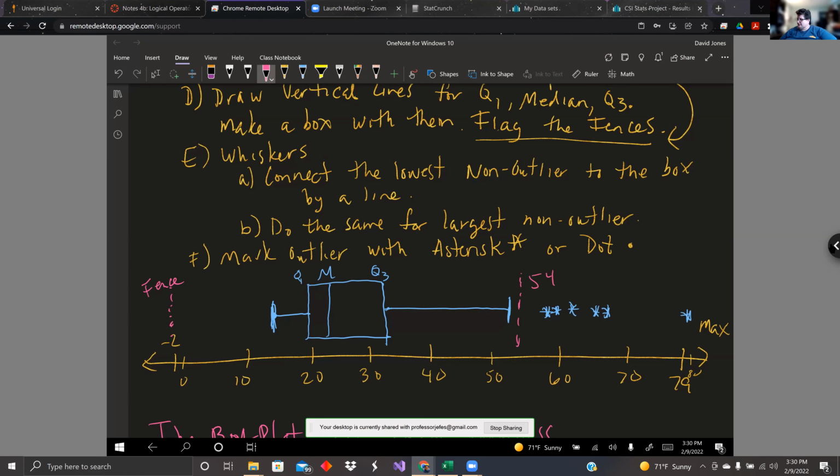The lowest non-outlier was 14, which was the min. And then we do the highest non-outlier, which was 52, which you pull from the data set by looking at it. You connect those to the box using lines. I'm going to get rid of this stuff right now. And then any outliers you mark with asterisks.